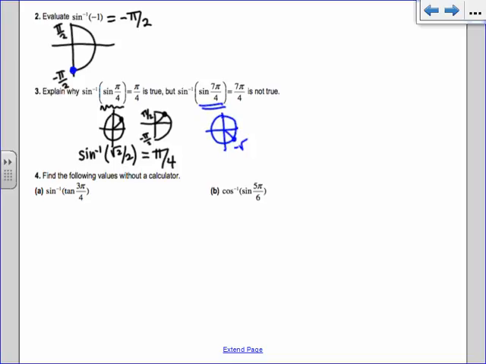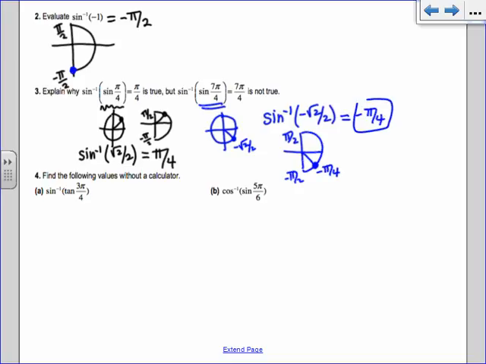Its sine value is -root 2 over 2. So we get inverse sine of -root 2 over 2. When we think on that restricted interval, -π/2 to π/2, it's in that same location. I get it, you want to say 7π/4, but it's not 7π/4, because your answer has to be between -π/2 and π/2. It's -π/4.